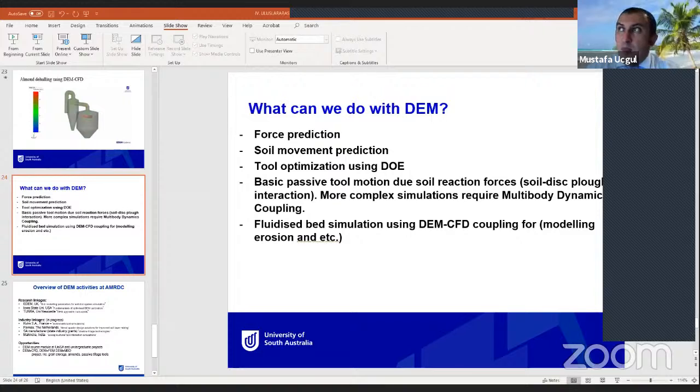As a summary, what we can do with this technology is force prediction, soil movement prediction, tool optimization, basic passive tool motion, and more complex simulation with multi-body dynamics coupling, and some fully coupled simulations using DEM and CFD coupling for modeling erosion and this type of work.